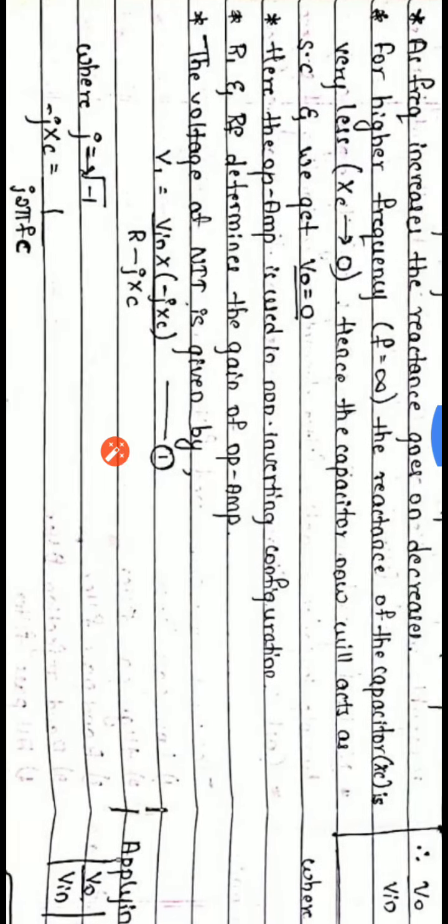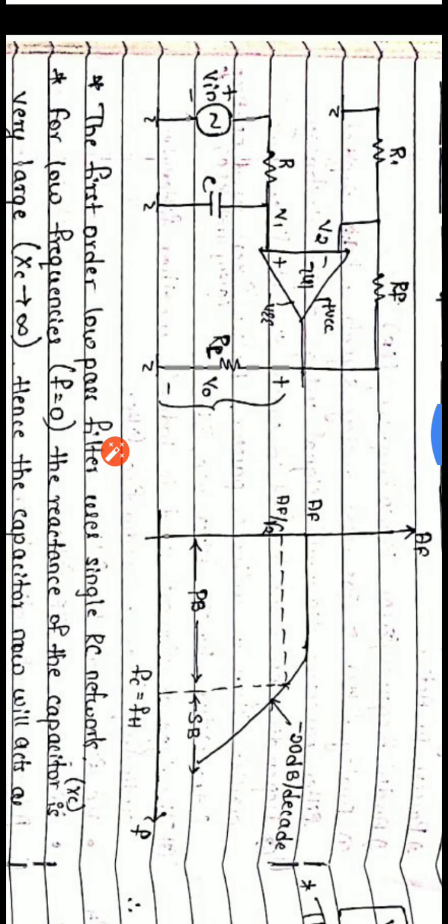Now we will find the equation for this circuit. This is the RC network, where V1 is the output and Vin is the input. Using the voltage divider rule, we can write V1 in terms of resistance and reactance, using Vin as the input.